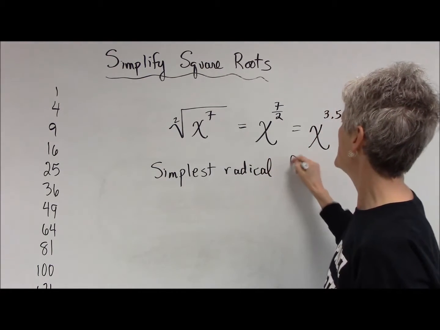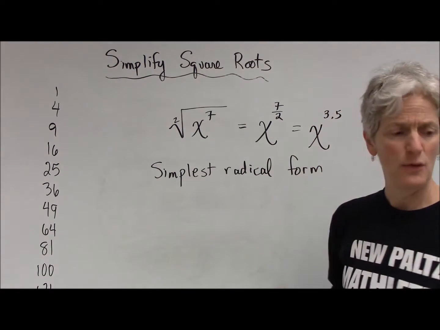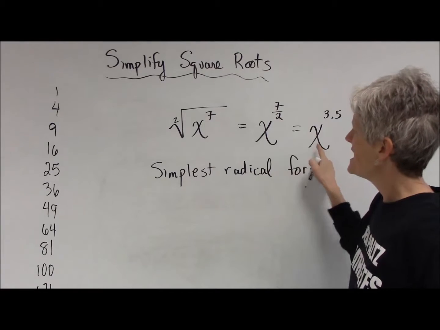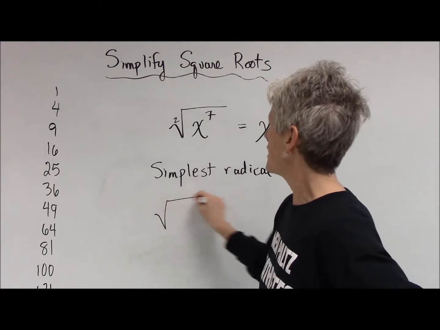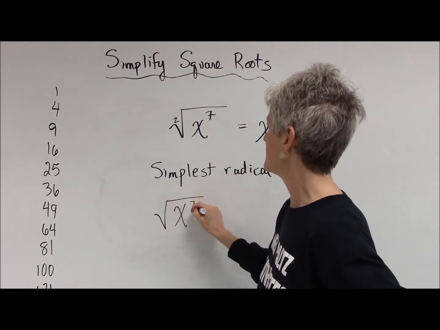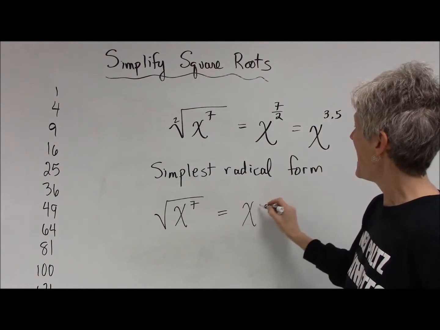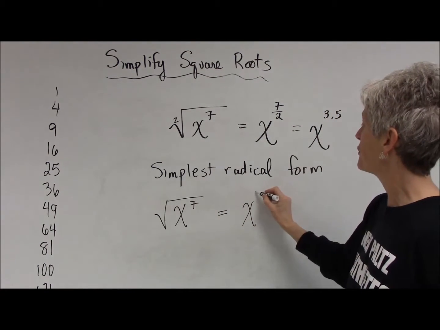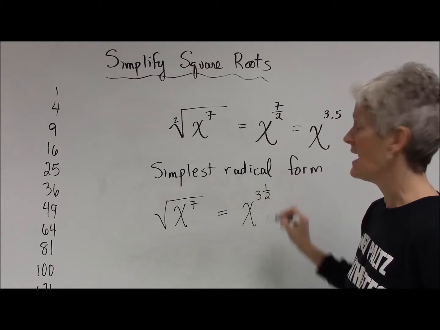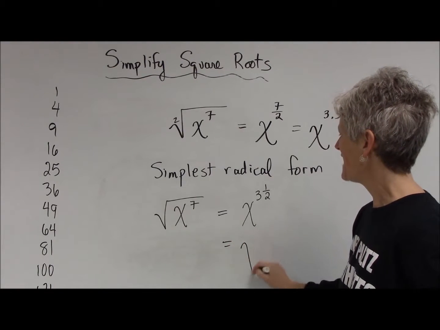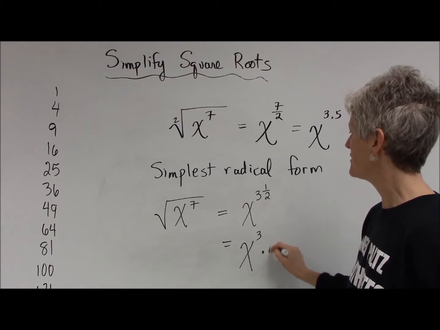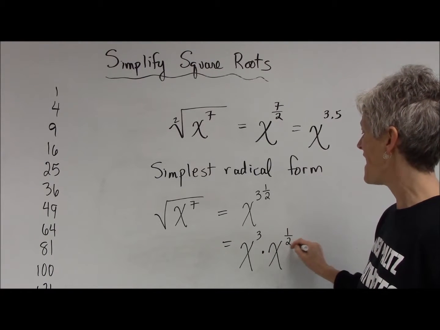So let's unpack that a little bit and see what I'm talking about. If I'm looking at the square root of x to the 7th, and I'm doing it this way, really I'm saying x to the 3.5, I'm going to write it like that, right? That's really x to the 3rd times x to the 1/2.